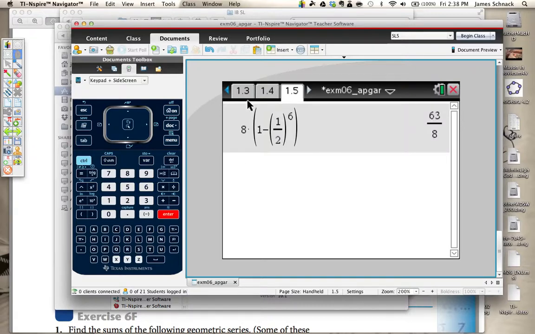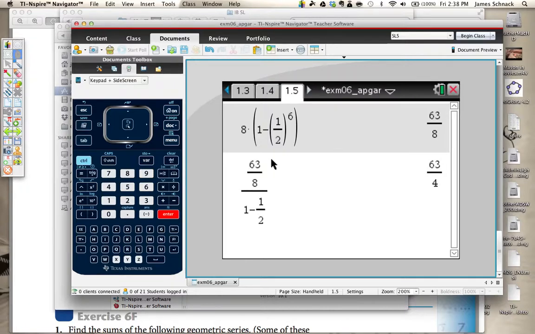I always like to push enter at this point to make sure I don't make a mistake in this next part, because I want to divide the numerator by 1 minus 1/2. And guys, you have to put this entire denominator in parentheses. Without the parentheses, we divide by 1 and then subtract 1/2, and that's just very, very wrong.